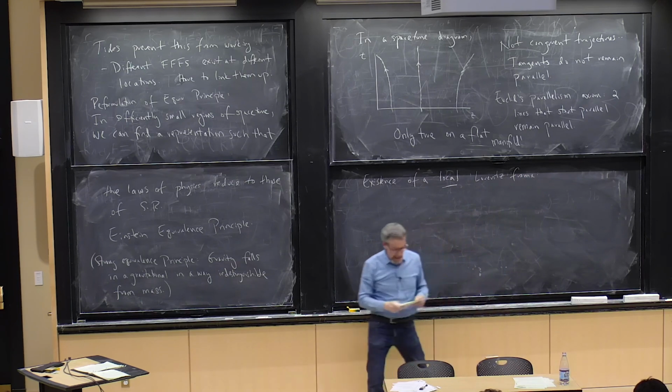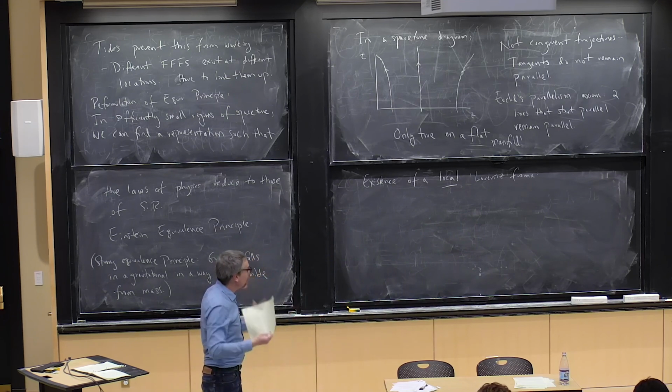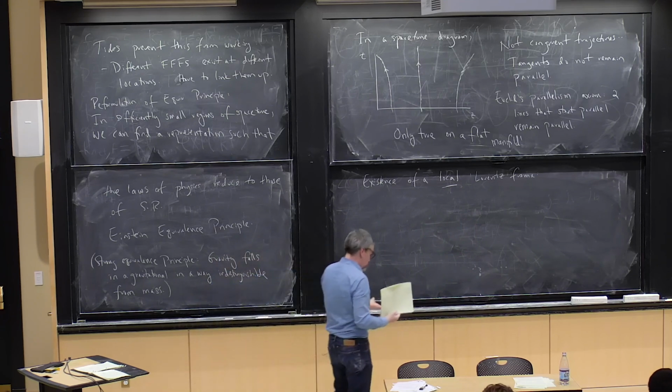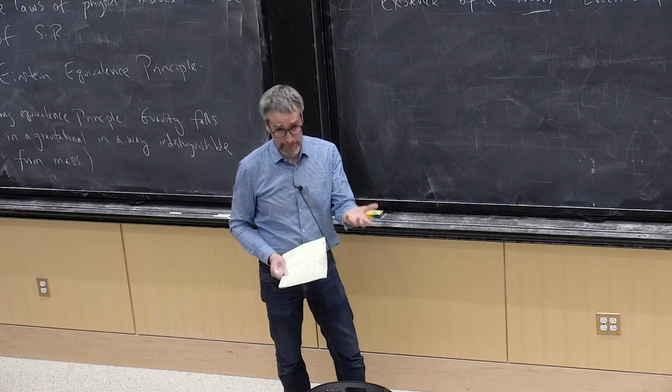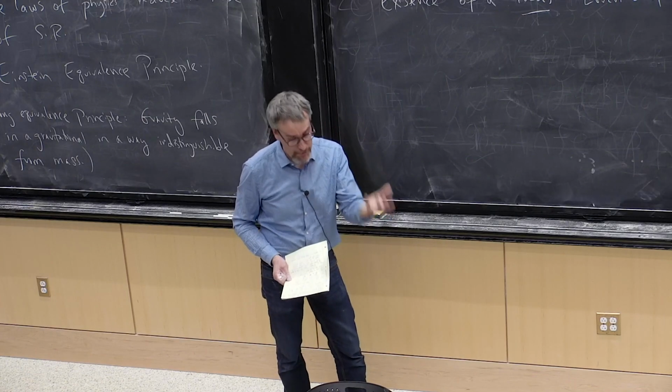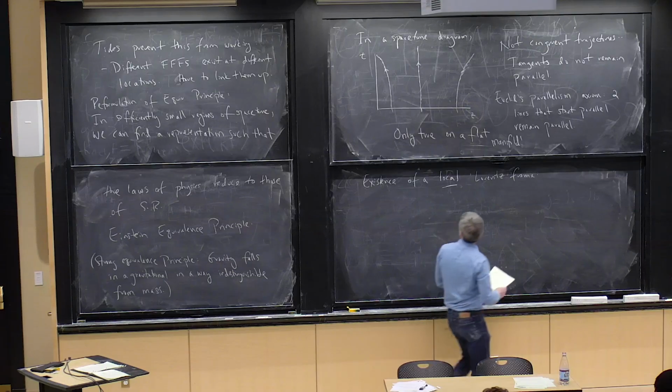And what I mean by that is that I want to be able to show that I can always do a change of my coordinates, a change of my representation, such that at some point I can convert the metric of spacetime into the metric we used in special relativity, at least over some finite region.